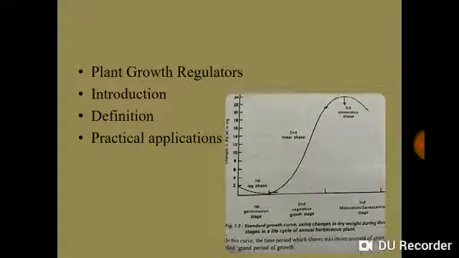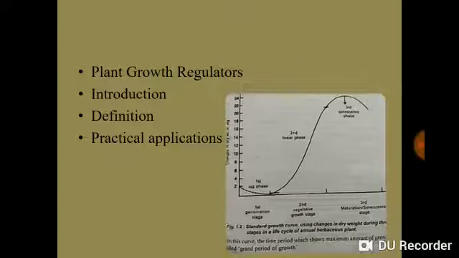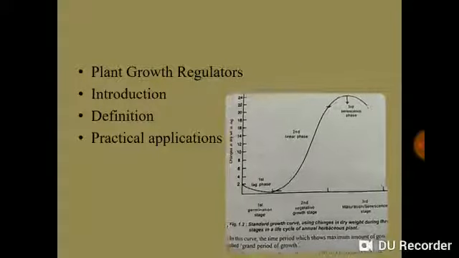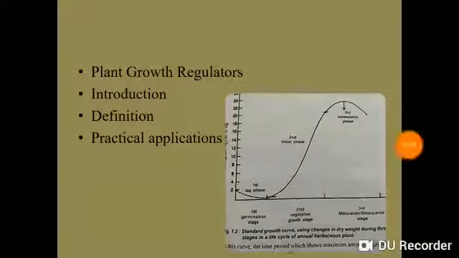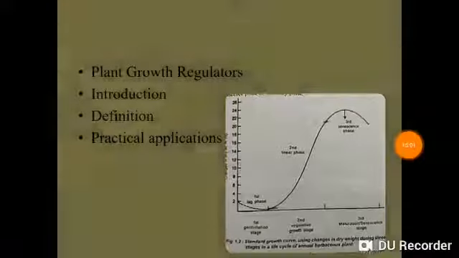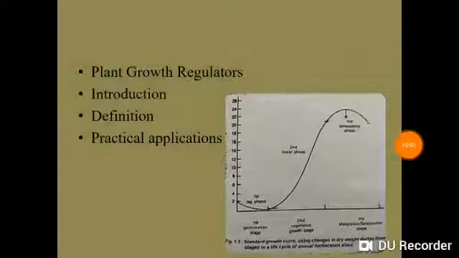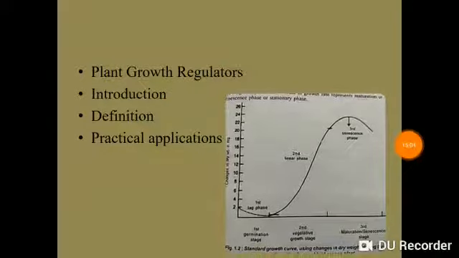Such growth also takes place in herbaceous plants. During the life cycle, dry weight initially decreases and remains more or less constant during the germination stage, it increases very rapidly during the vegetative growth stage, and finally remains constant or decreases during the maturation or senescence phase prior to death of the plant.